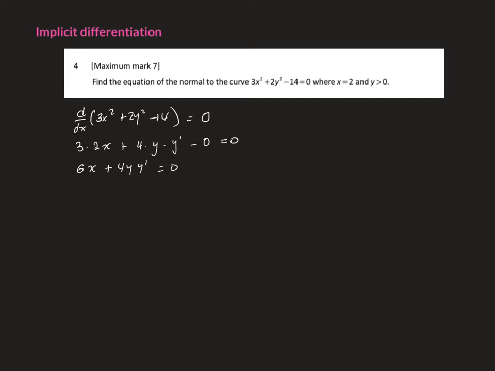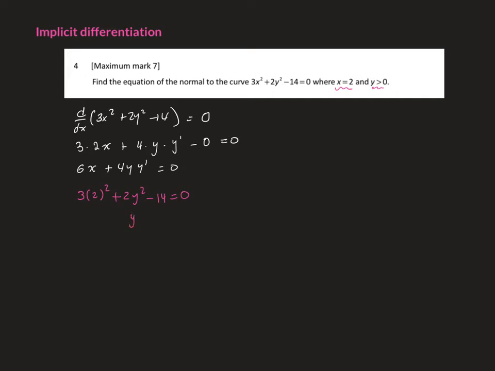Now the point that we are given is a point where x is equal to 2 and y is greater than 0. So when x is equal to 2, we can substitute in the original equation. 3 times 2 squared plus 2y squared minus 14 equals 0. And we're going to find the positive value of y.